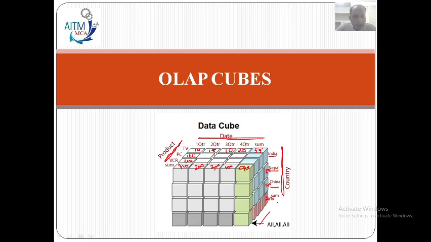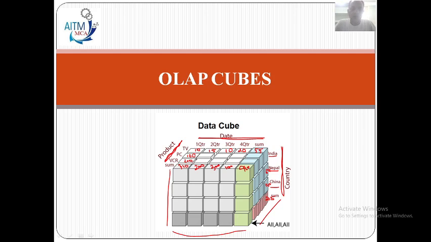There could be another dimension here, and another dimension over here, so you can see all those dimensions. So much data can be stored, and you can access that information. This is what the data cube is.